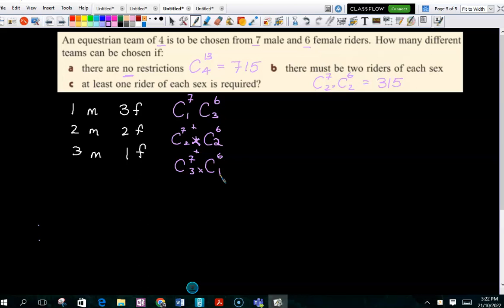Oh yeah. What if you took only 1 sex from each one? So what if you went 1, all of them, right? So no restrictions. Take C7, 0 times C6, 4. What does that represent? What does this represent?